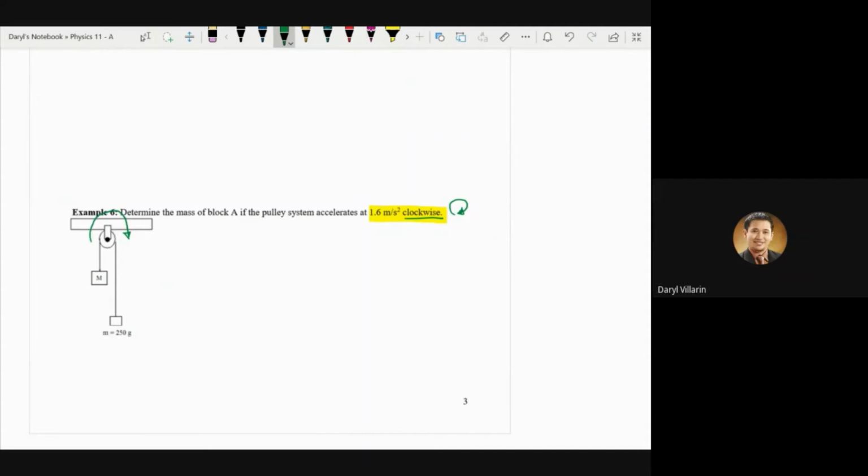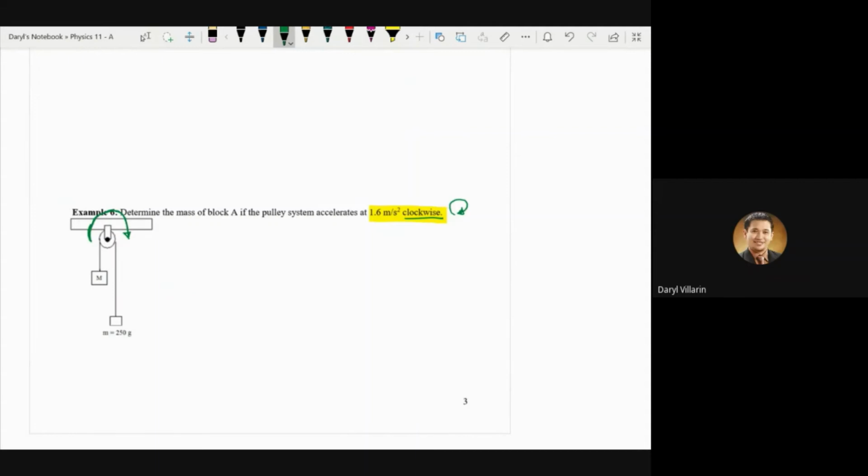So you have to be careful here. You need to follow what is written in the given.